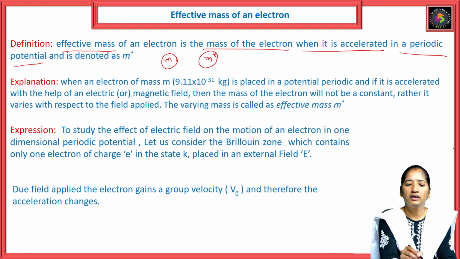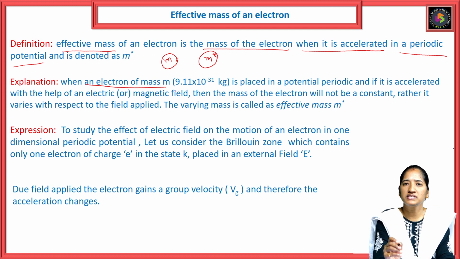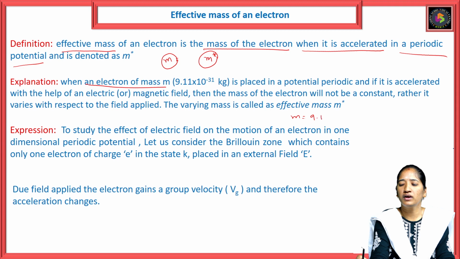We know that the mass of an electron, m, is equal to 9.11 into 10 to the power of minus 31 kg.